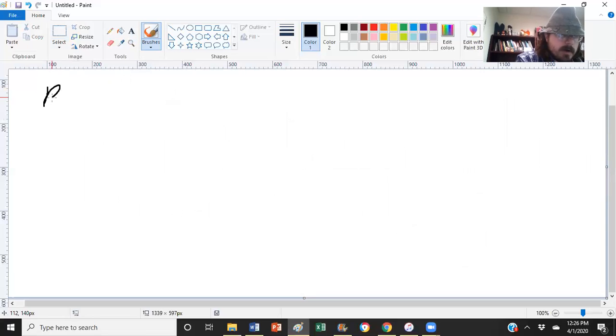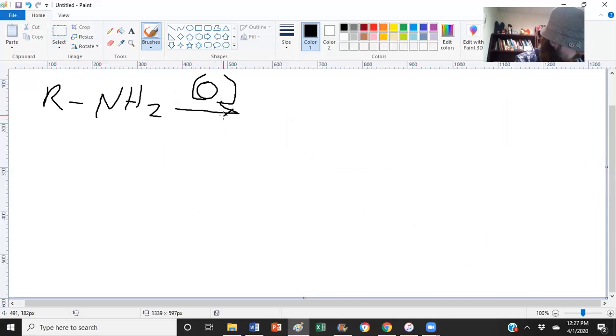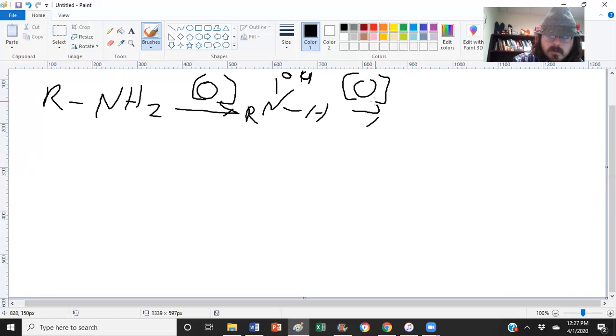So we can go from a primary amine, we oxidize, and get a hydroxylamine. We oxidize it again, get a nitroso. And if I oxidize it again, I'm going to get the nitro.